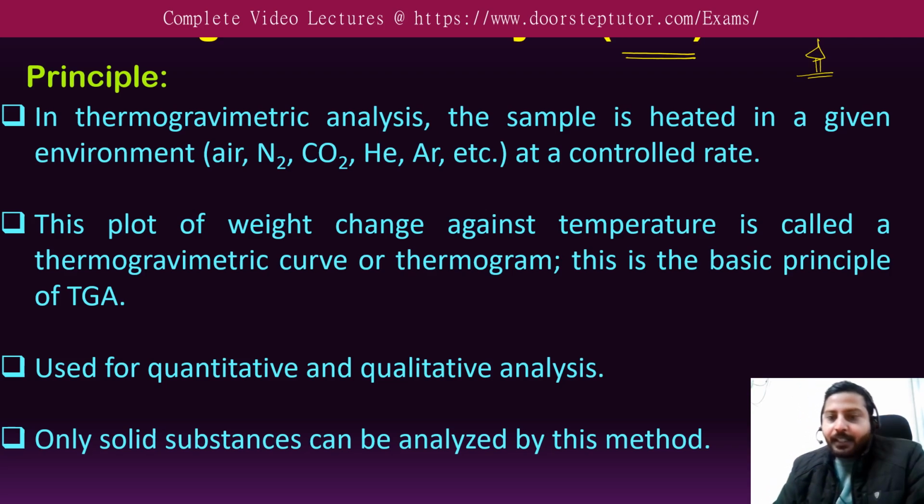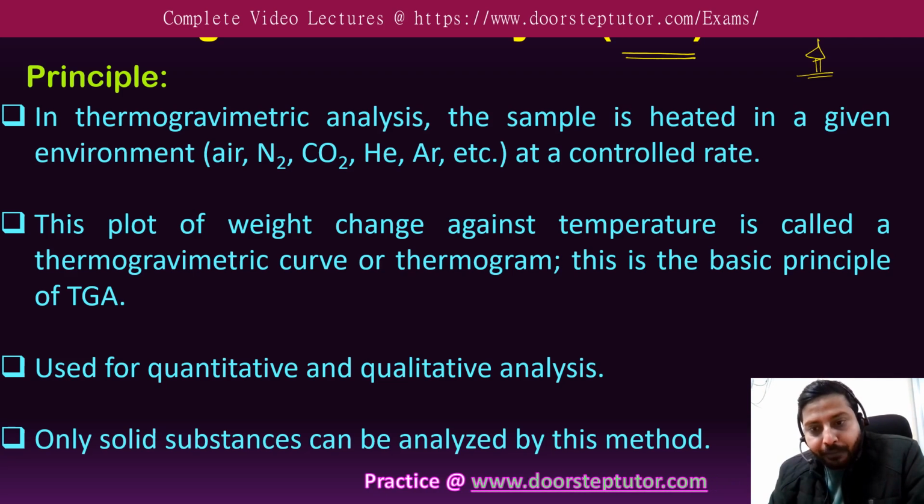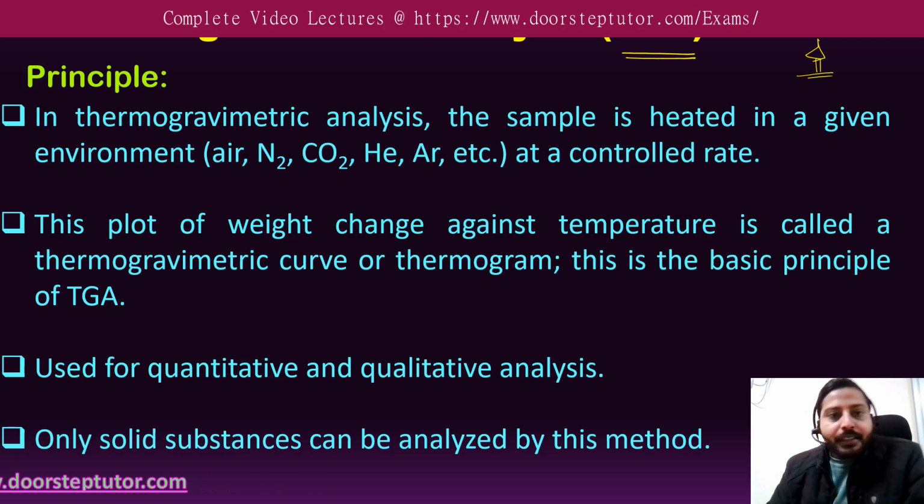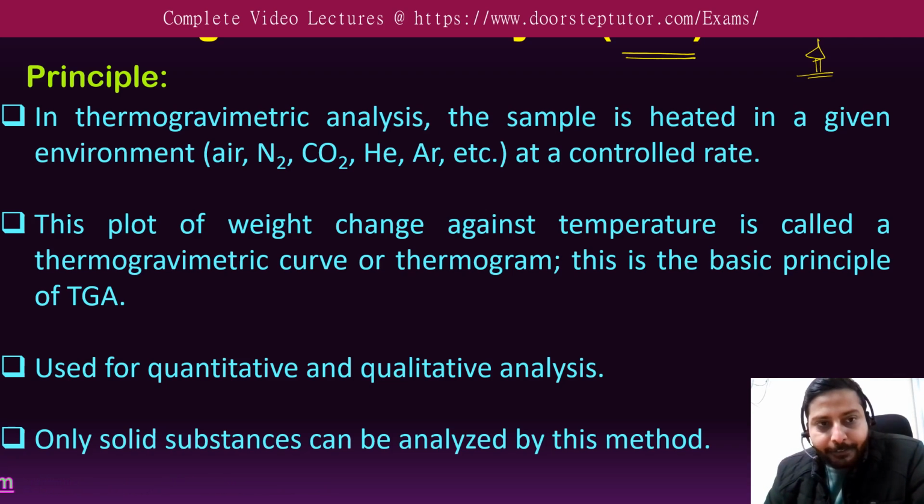From this analysis we can also determine which compounds are removed from the system or decomposed during the heating. So let's go through the principle of thermogravimetric analysis. In thermogravimetric analysis, the sample is heated in a given environment like N2, carbon dioxide, helium, argon, at a controlled rate.